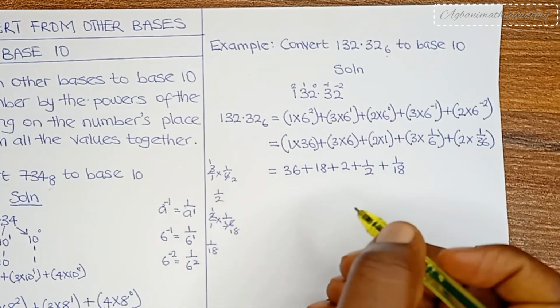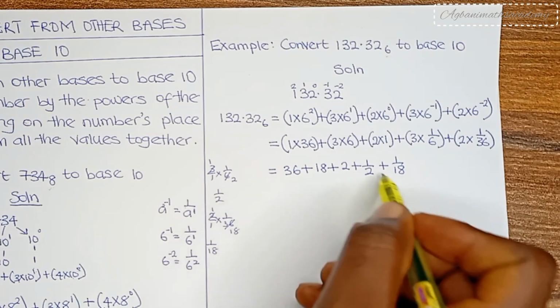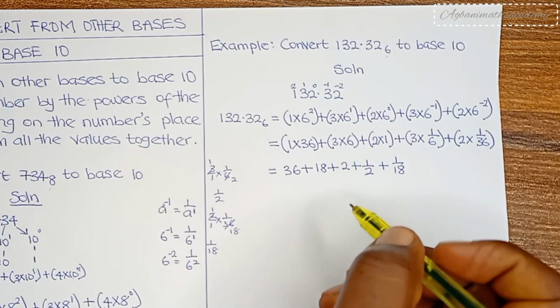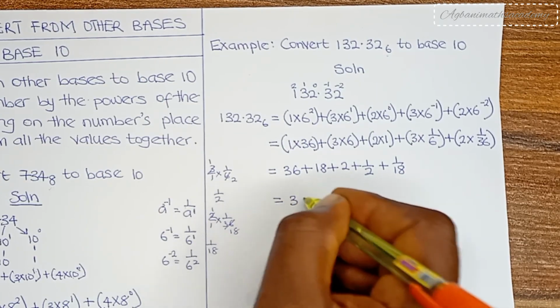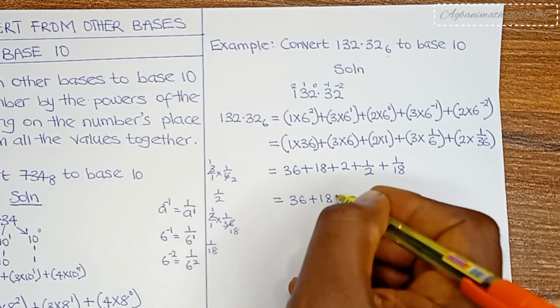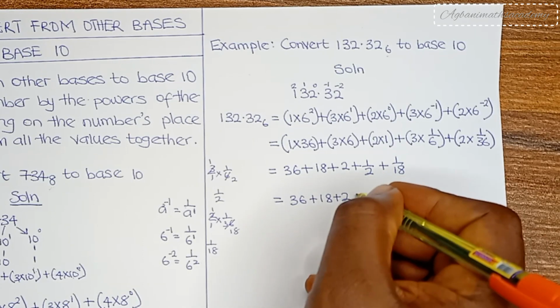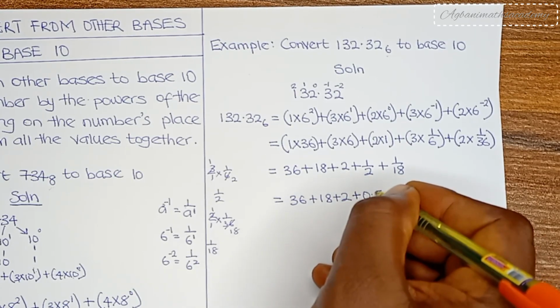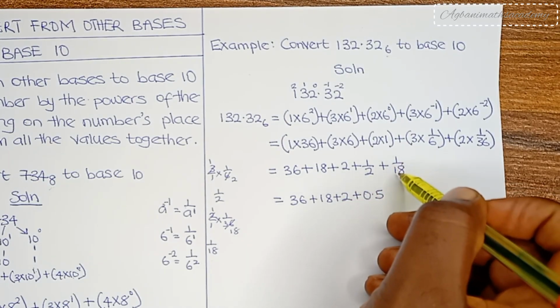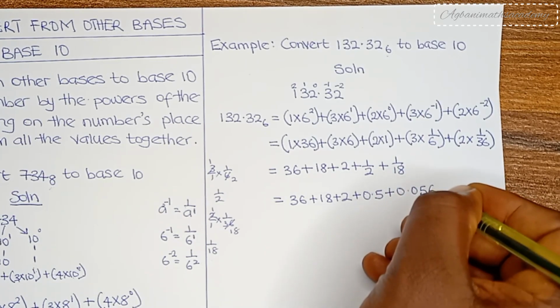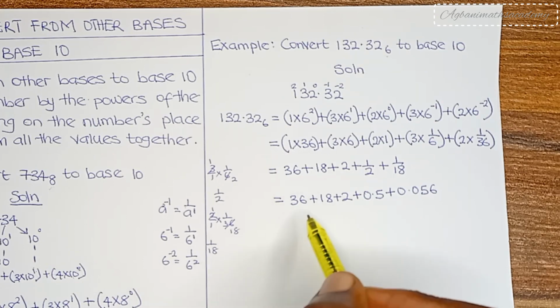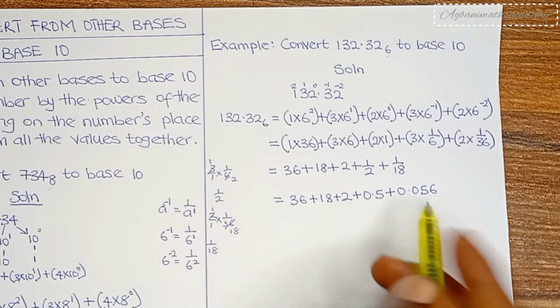Okay. Now what we are going to do is convert these two values to decimal, so it will be easy for us to add them together. So we'll have 36 plus 18 plus 2. 1 over 2 is the same thing as 0.5. So 1 all over 18 is 0.056. Next, you are going to add all these values together.